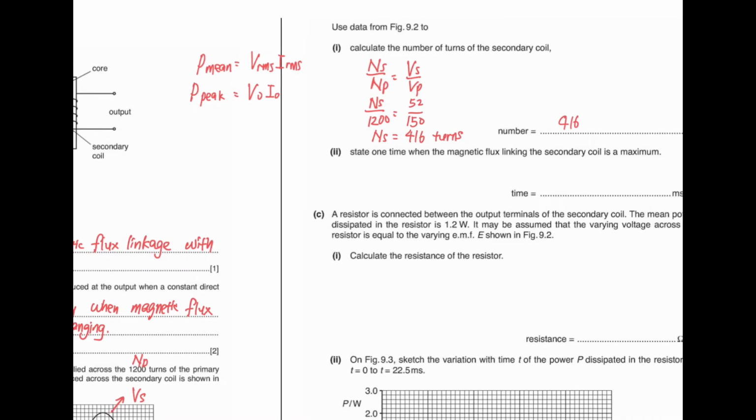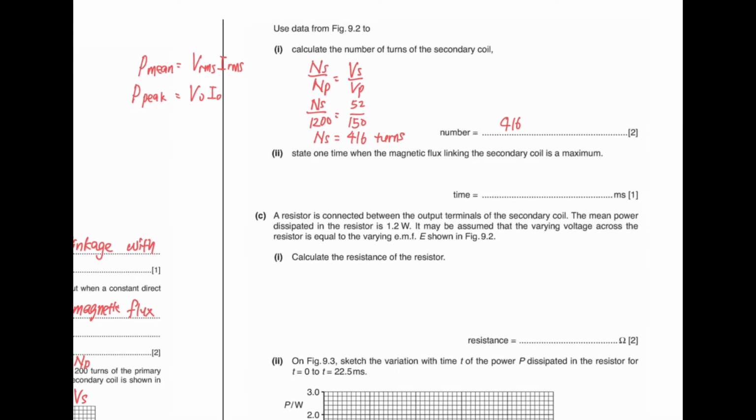Okay, now part 2. State one time when the magnetic flux linking the secondary coil is a maximum. Magnetic flux linking, the phi.